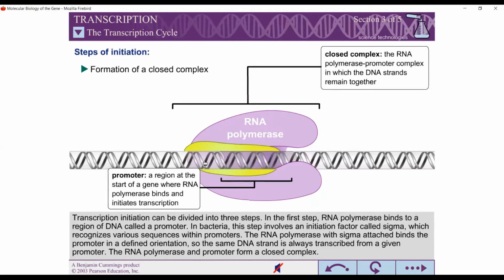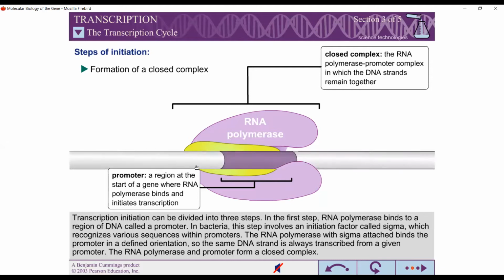Another point to be noted here is that the RNA polymerase with the sigma factor, the yellow color is the sigma factor, binds the promoter in a defined orientation. So remember that the same DNA strand is always transcribed from a given promoter.